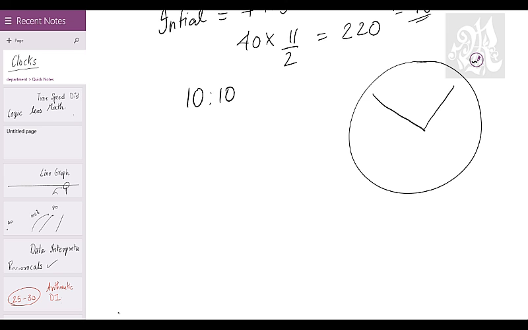Why? Why is that? Whenever they show that, any brand you see, any brand in the world, they'll always show 10:10. Why? Okay, but before that also they should show 10:10 only.